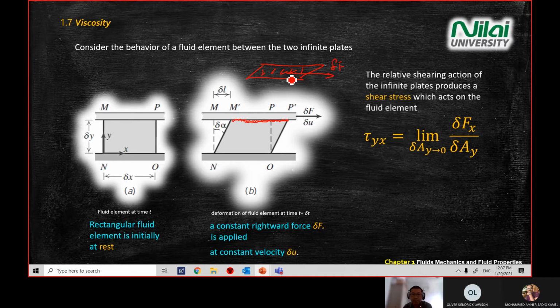Delta F goes parallel to the area here. So given by this equation, we take the force divided by area. The direction is x, so we take Fx divided by Ay in the y plane. Ay means y plane.